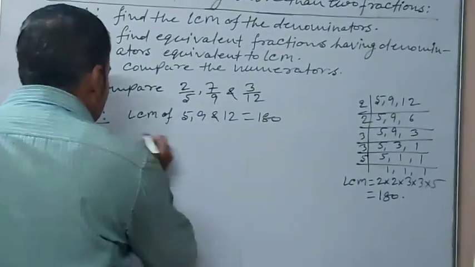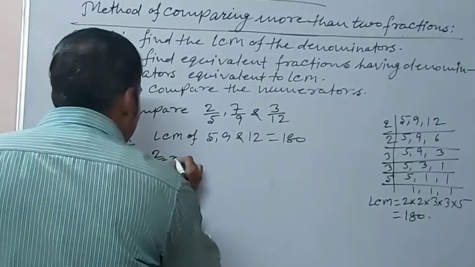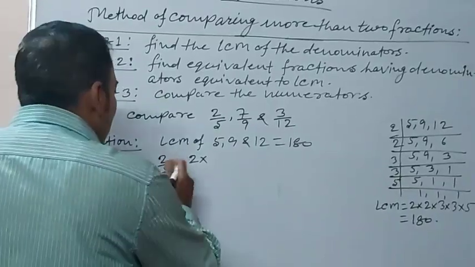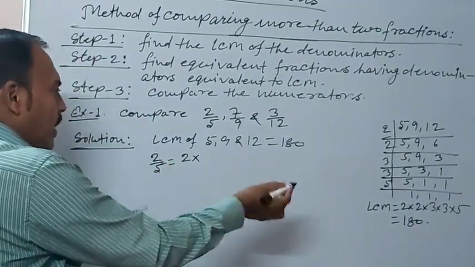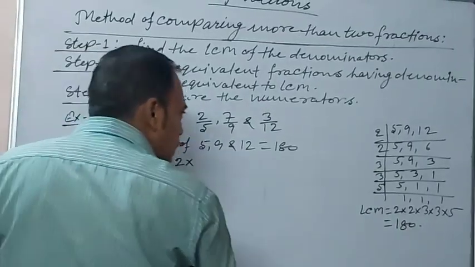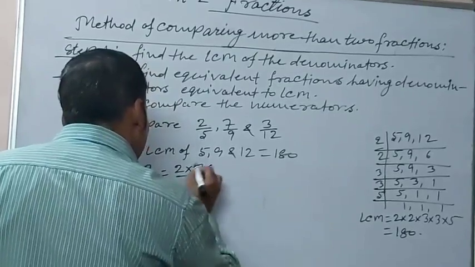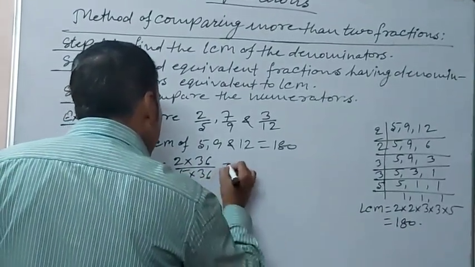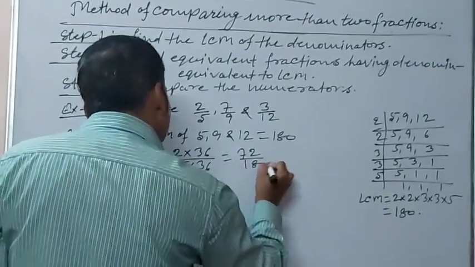Now change 2/5 equal to 2 into, by what number we should multiply 5 to get it equal to 180? 36. So we multiply numerator and denominator by 36, is equal to 72/180.